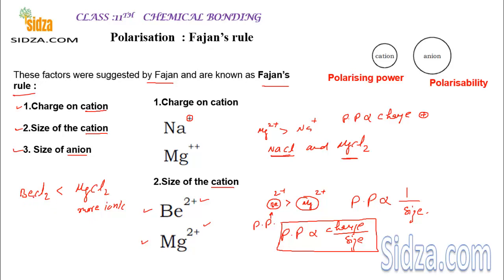Why? Because beryllium has a strong polarizing power. It can induce a little bit more polarization. That means beryllium chloride has more covalent character than magnesium chloride. You got it? So among the two, MgCl2 is more ionic, and BeCl2 is more covalent.